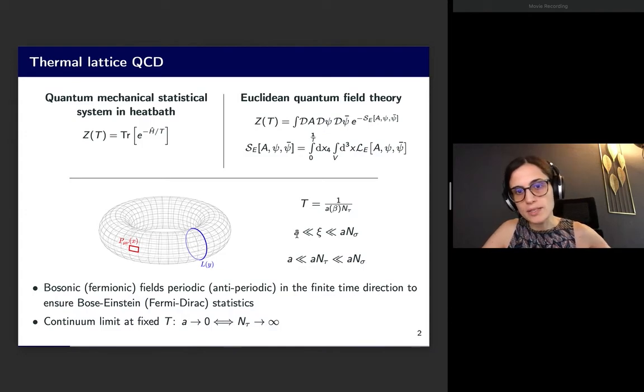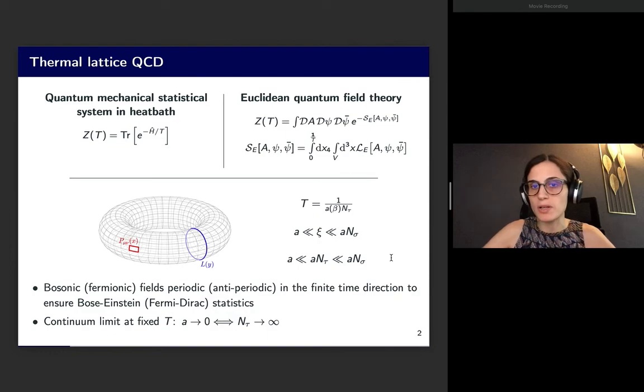And then what you want is that this is way, way smaller than the largest correlation length in your system, which in turn should be much, much smaller than the spatial linear size of your lattice. And this is something that holds already at t equals 0. How to transpose this chain of inequalities at non-zero temperature is done by observing that in that case, the largest correlation length in the system is connected with the smallest screening length that you have in the system.